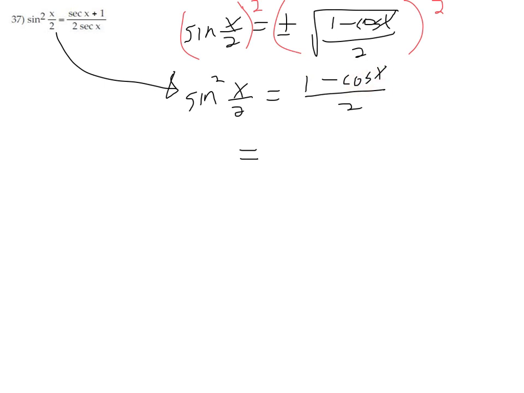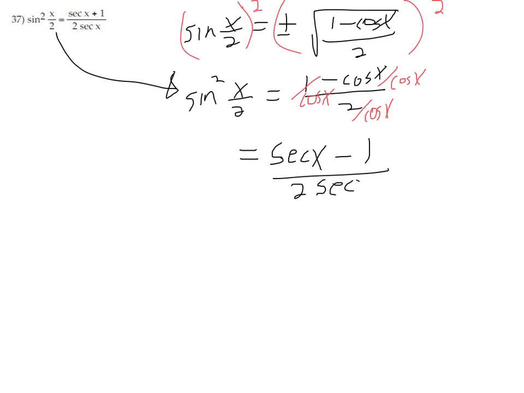We can fix that. We can divide by cosine x to make the 1. And what we'll get is, here we have 1 over cosine, that's a secant. Here we have 1, here we have 2 secant. So we have secant x minus 1 over 2 secant x.